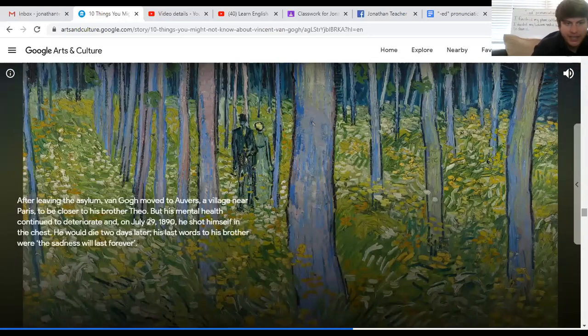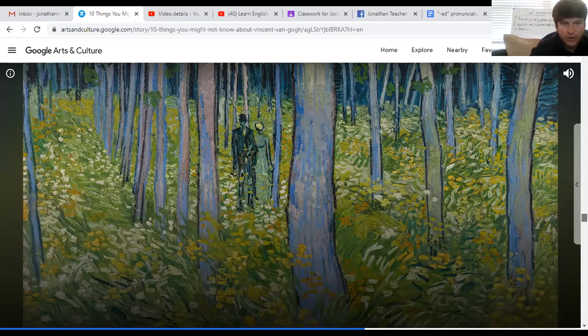And finally, after leaving the asylum, Van Gogh moved to Auvers, a village near Paris, to be closer to his brother Theo. But his mental health continued to deteriorate, and on July 29, 1890, he shot himself in the chest. He would die 2 days later. His last words to his brother were, "The sadness will last forever."